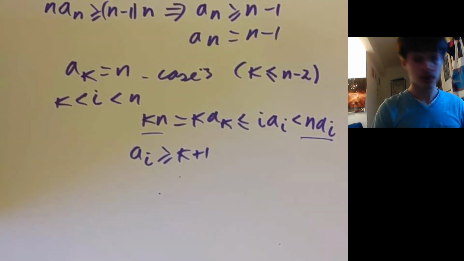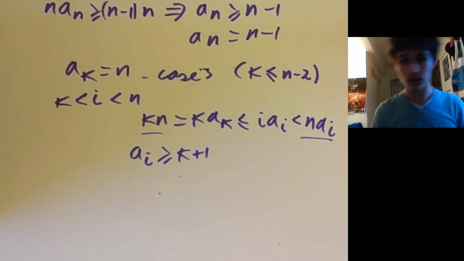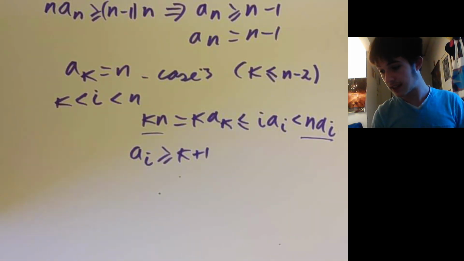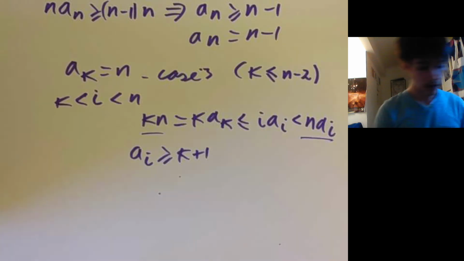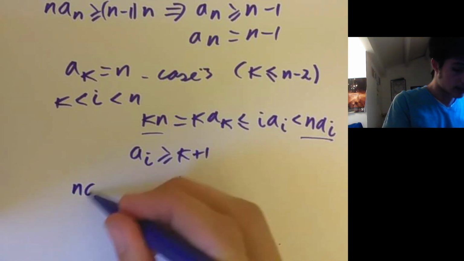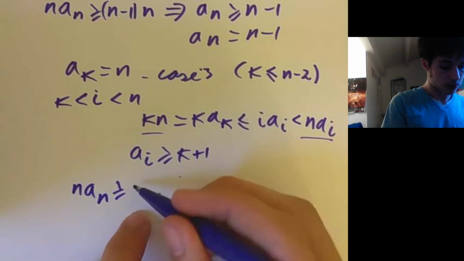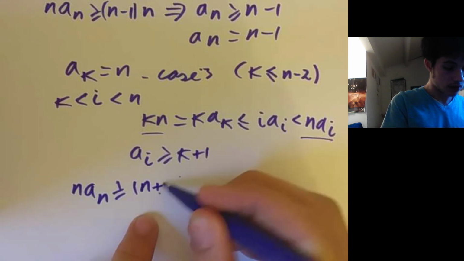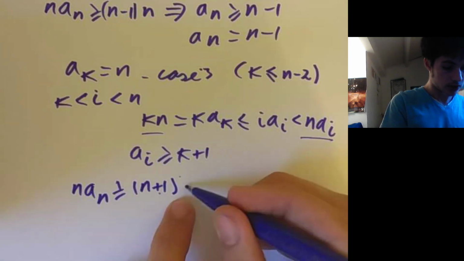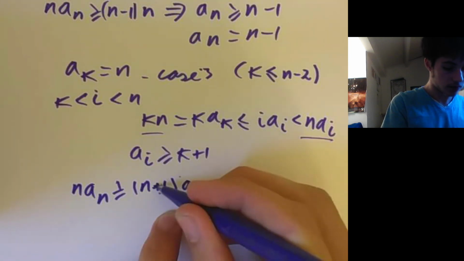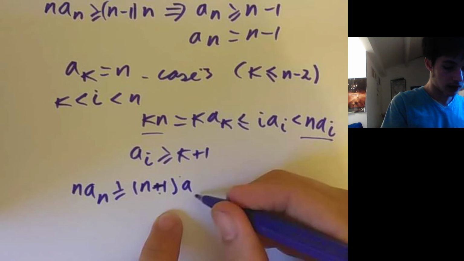Now we tackled all i between there, but we don't know what's happening at n. So let's have a look at n times an. By these relations, this is definitely going to be bigger than or equal to n minus 1 times an minus 1.